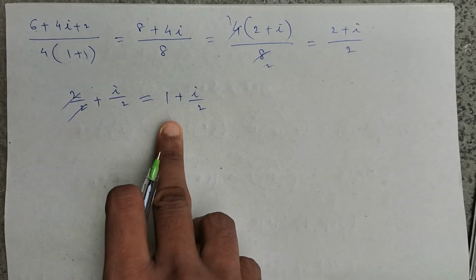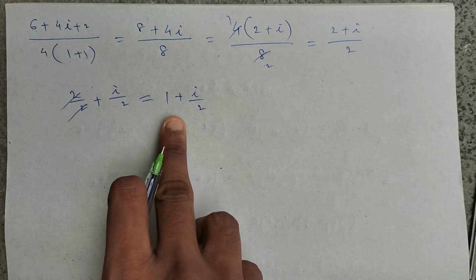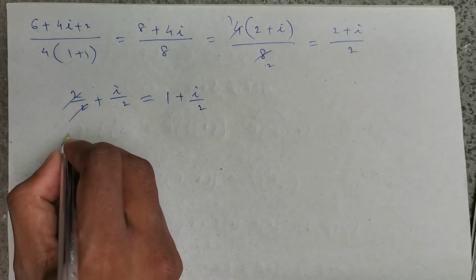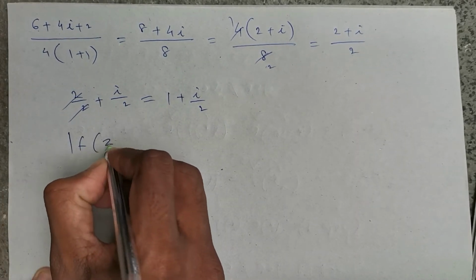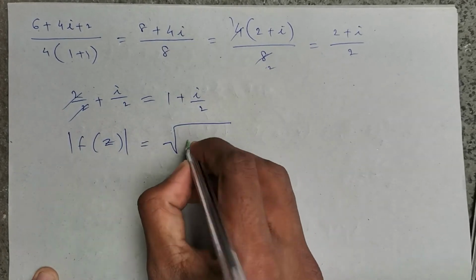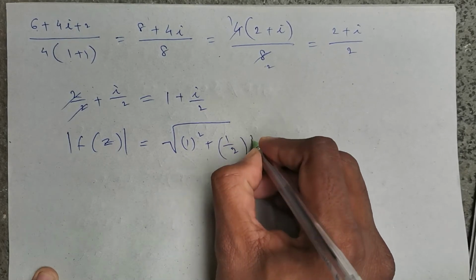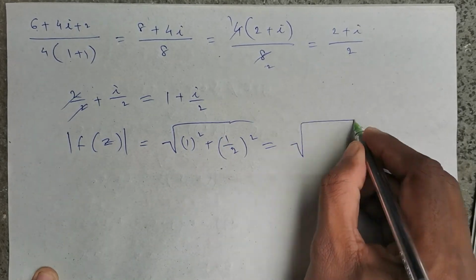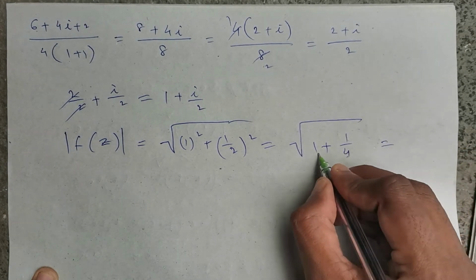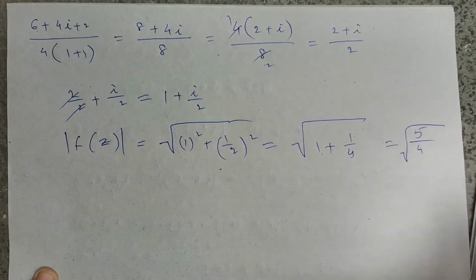Now for this, 1 plus i by 2, I will find modulus f of z. Under root, first term 1 square plus second term (1 by 2) square, which is equal to under root 1 plus 1 by 4, which is 4 ones are 4 plus 1, 5 by 4, whole root.